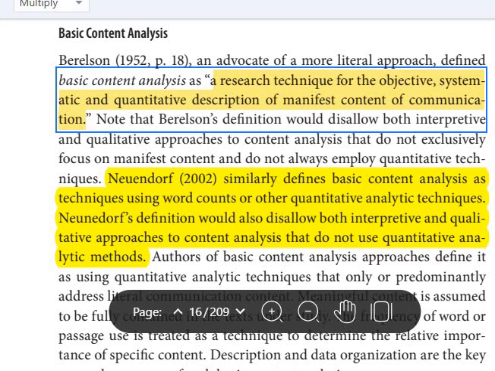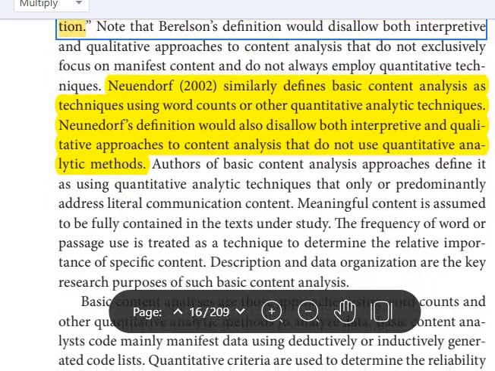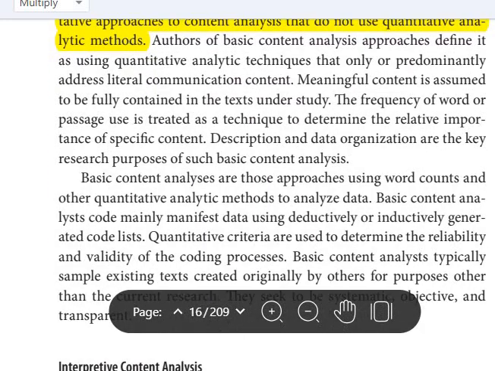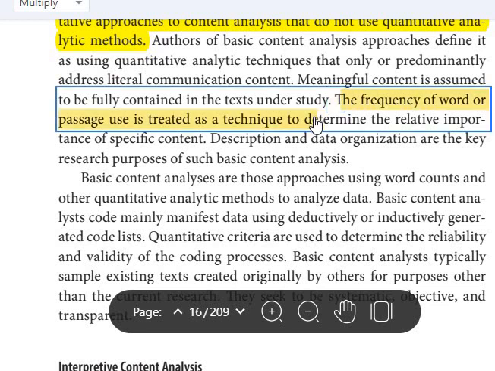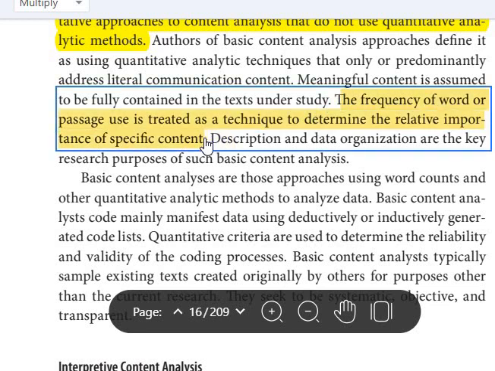So whenever we hear the words word counts, this means counting, statistics, because statistics is mainly focusing on word counts. So when we say word counts, we're actually focusing on the frequency of word or passage use, which is treated as a technique to determine the relative importance of specific content.